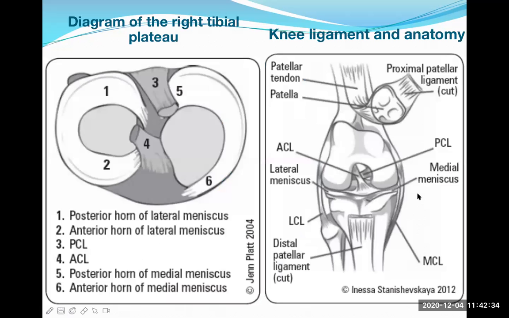Let's move on. Here is another slide about the relevant anatomy of the knee joint. This is the diagram of the right tibial plateau, meaning the upper part of the tibia. See there, the same structures I told you about are written there.